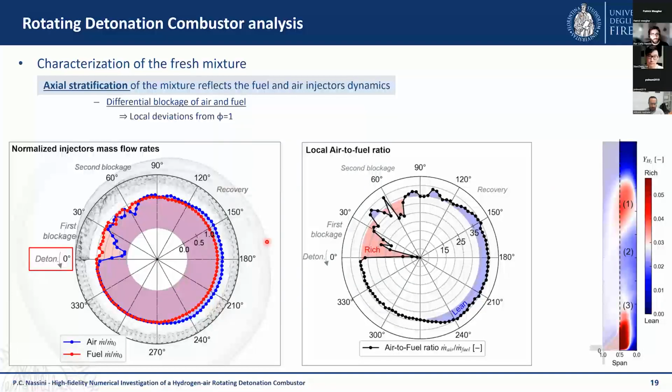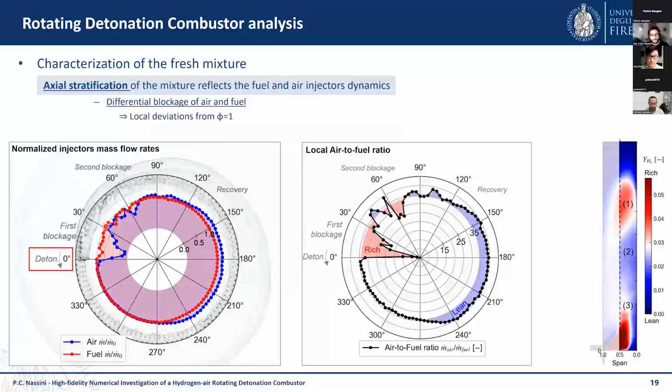If we consider here a section of the combustion chamber at the injectors, we are plotting the air mass flow rate, the blue line, and the fuel mass flow rate in each point of the injectors with respect to the detonation front. As we can see here, the fuel, so the red line, is basically unaffected or has a very minor impact from the detonation wave, so it's injecting fuel for the whole period of the revolution.